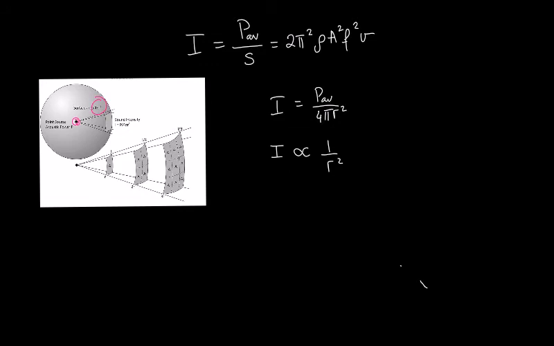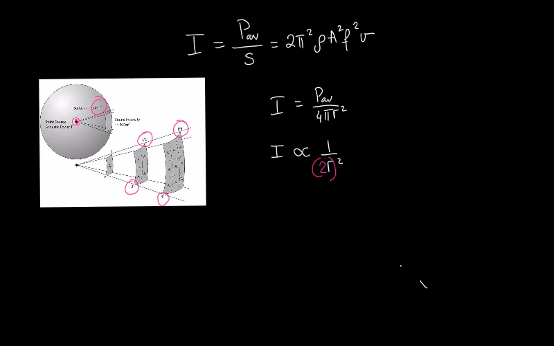Intensity is going to decrease by 1 over 4, because if you put the 2 here, then intensity will decrease 4 times. If you triple the radius, then the intensity will decrease 9 times.